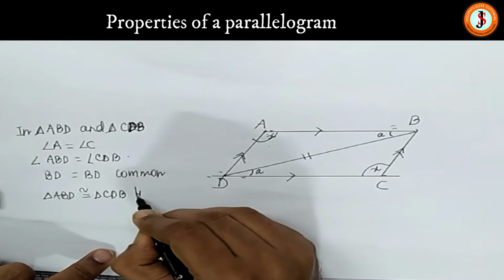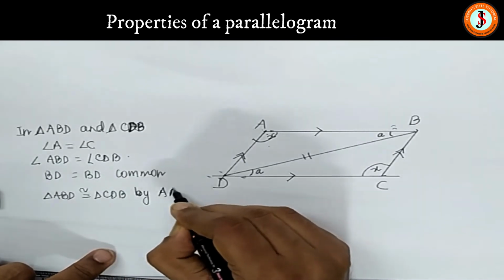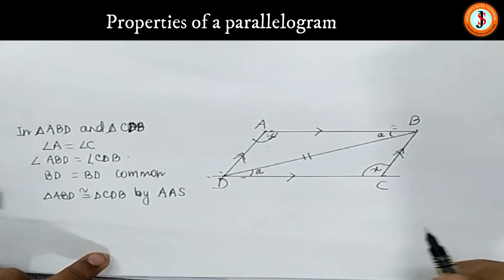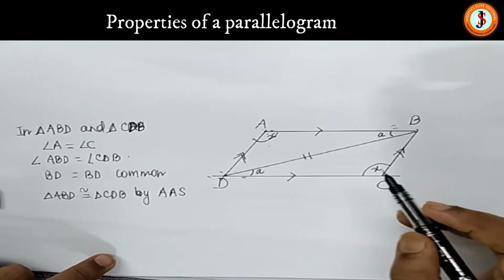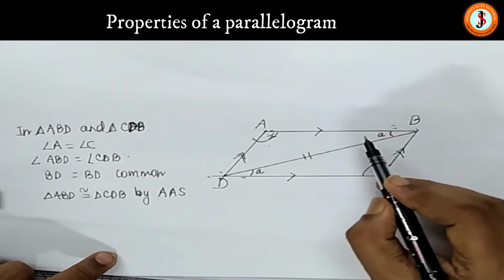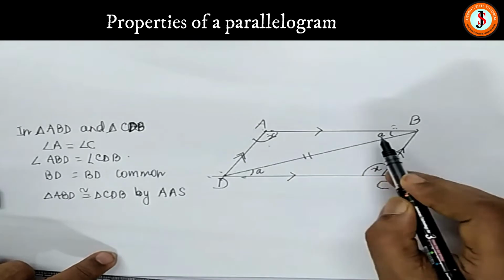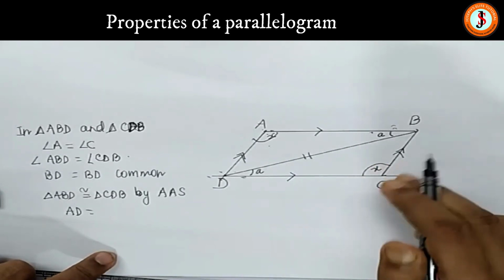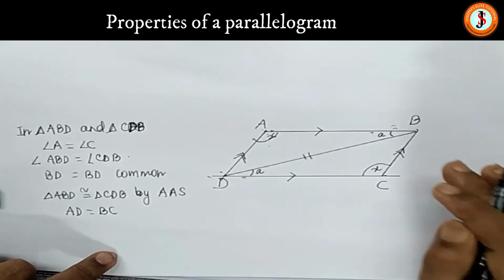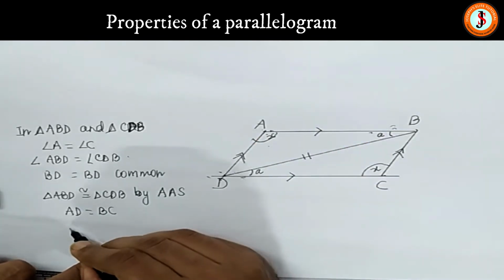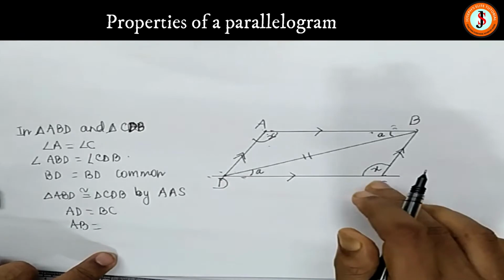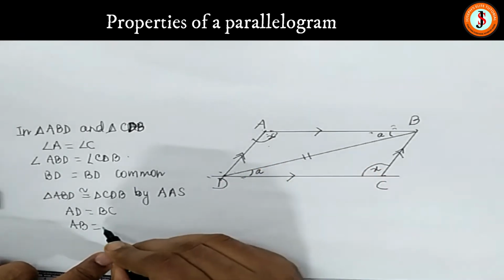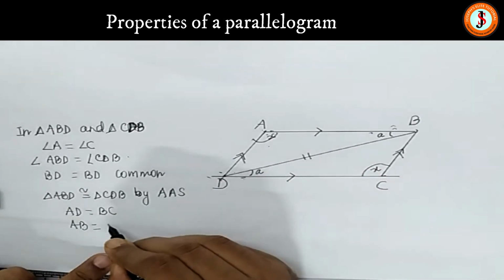by angle non-included side. So once the triangles are congruent, then their corresponding sides are equal. That means the side in front of this A, AD, will be equal to the side in front of this. So AD is equal to BC, and the side included between X and A will be equal to the side included between C and D, that is X and A. So that is DC.